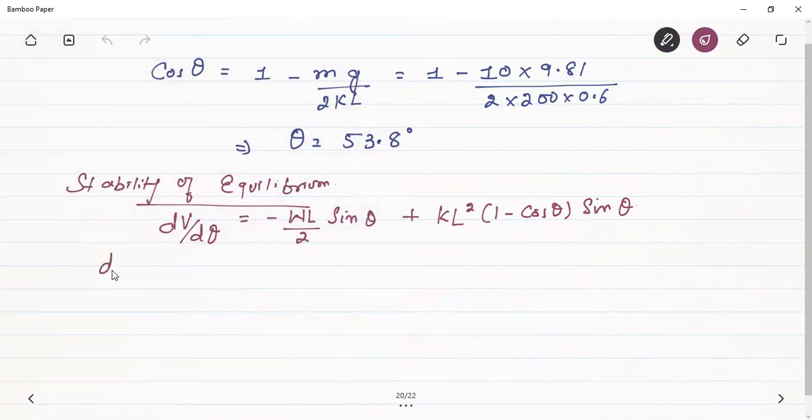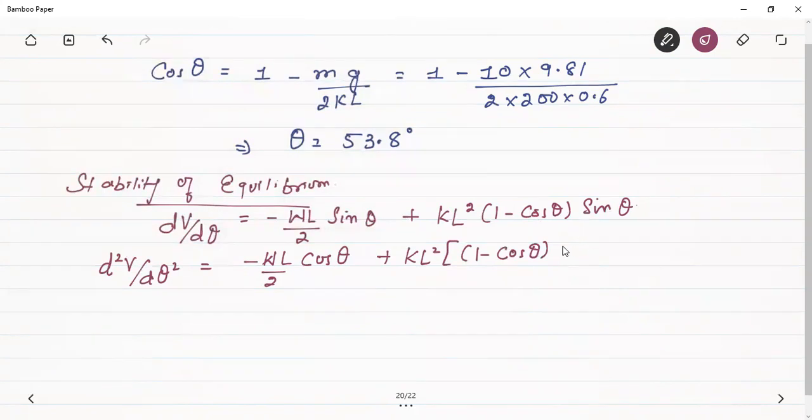So if we calculate the second derivative of this equation, it will be equal to minus WL by 2, the derivative of sine theta is equal to cos theta, plus kL square. Now this can be solved by the UV rule of differentiation. We can keep 1 minus cos theta here, and the derivative of sine theta will be cos theta. And in the next step, we can keep sine theta as it is and compute the derivative of 1 minus cos theta, that is 0 minus minus sine theta, that will be plus sine theta.